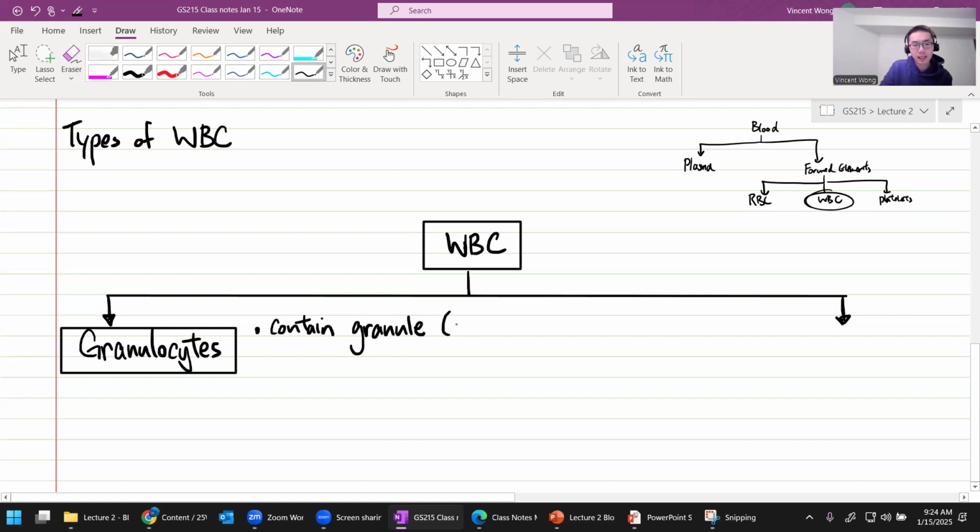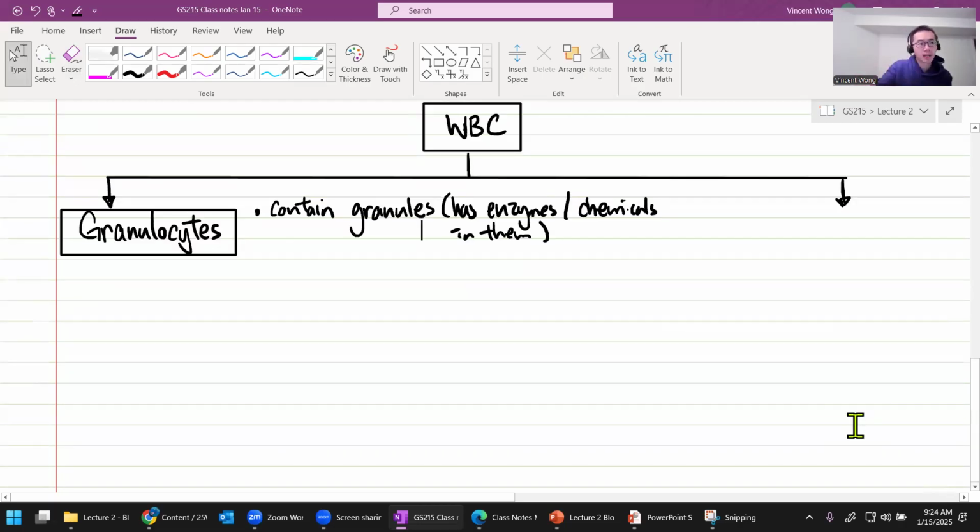Granules basically have enzymes or chemicals in them. These things do different things, and I'll tell you what they do later on in specific examples. Think of them as like the lysosome, but a special kind. You can see these granules under the microscope, and we call them granulocytes.